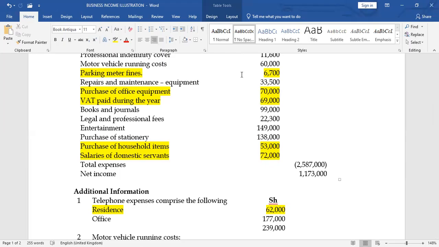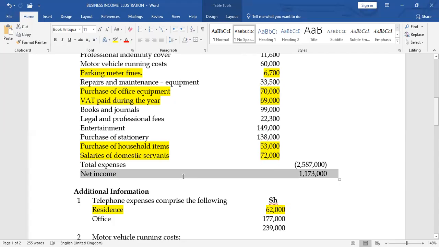What's remaining is to present a solution, knowing the expenses that are not allowable. So we are going to take the net profit and add back the disallowable expenses. Once you have identified them, there is no other work, just take the net profit and add back the disallowable expenses.